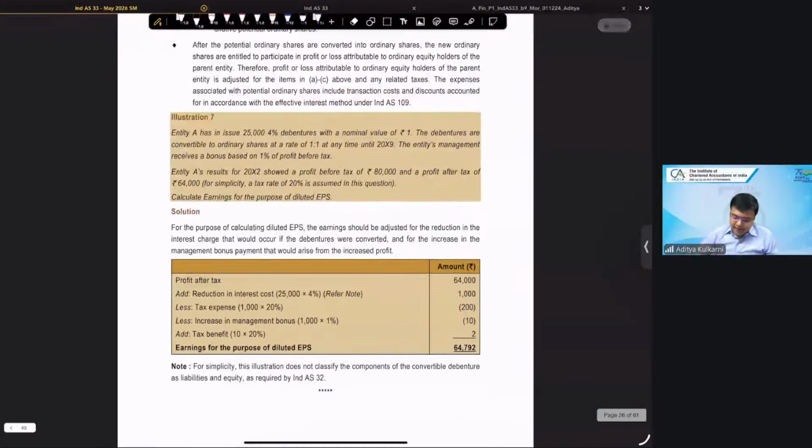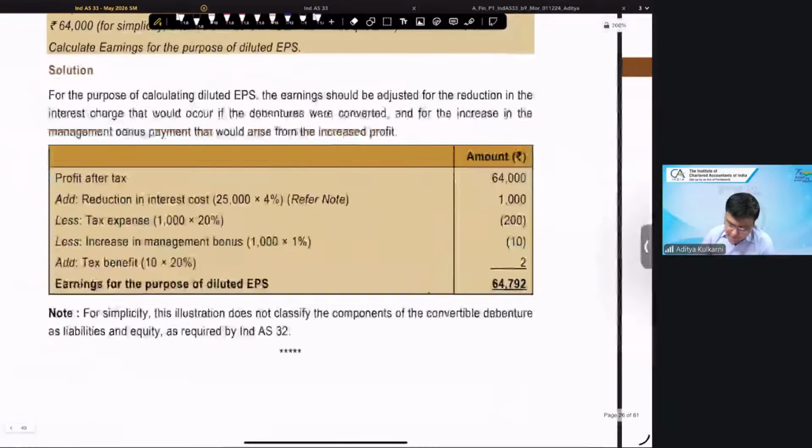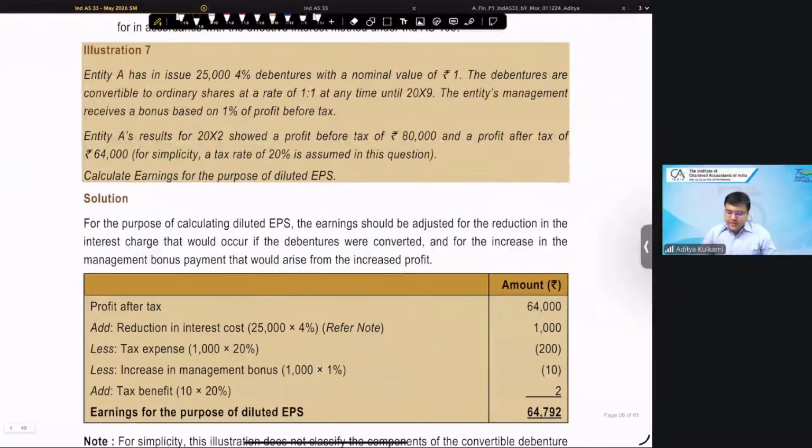Entity A has in issue 25,000 4% debentures with a nominal value of rupee 1. The debentures are convertible to ordinary shares at a rate of 1:1 at any time until 20x9. The entity's management receives a bonus based on 1% of the profit before tax.